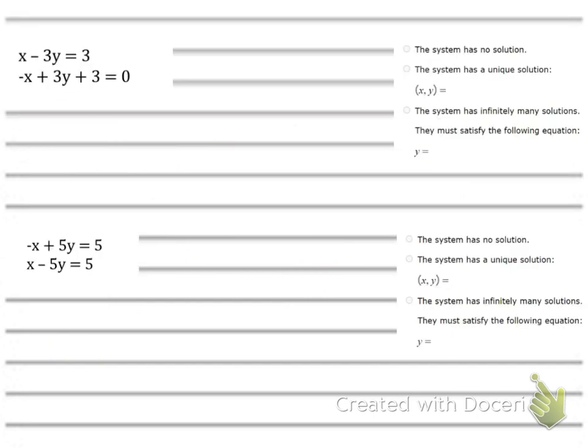Let's look at the next one. Again, on that top one, I see that I need to move the 3 to the other side. So my top equation becomes x minus 3y is 3, and my bottom equation is negative x plus 3y equals negative 3.